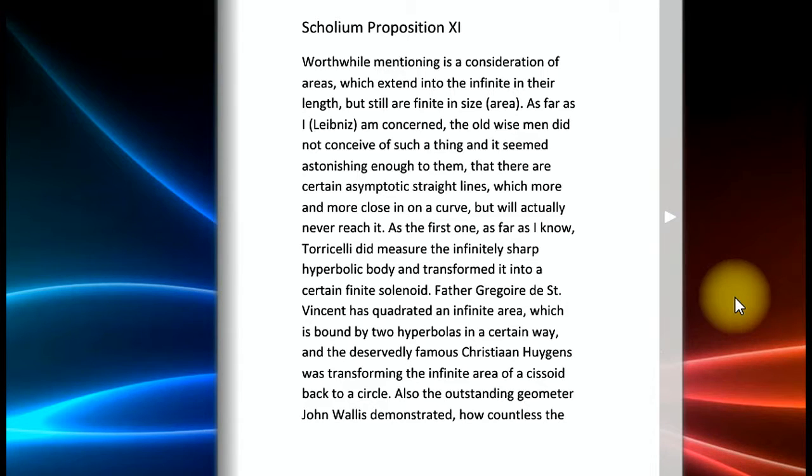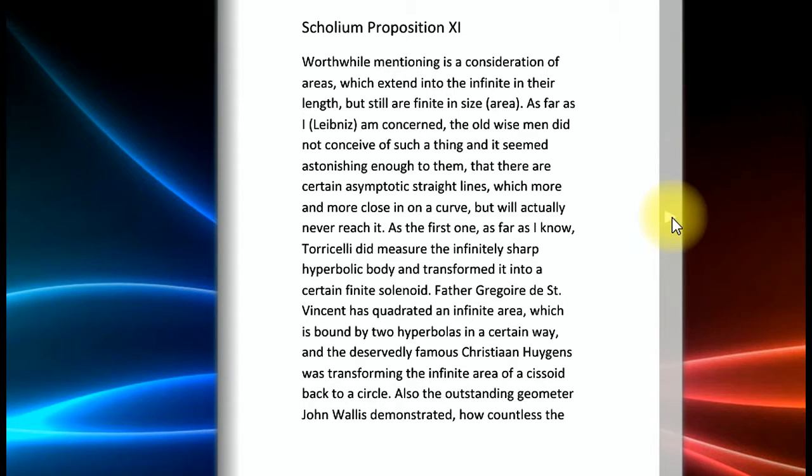Father Grégoire de Saint-Vincent has quadrated an infinite area which is bound by two hyperbolas in a certain way, and the deservedly famous Christian Huygens was transforming the infinite area of a cissoid back to a circle.